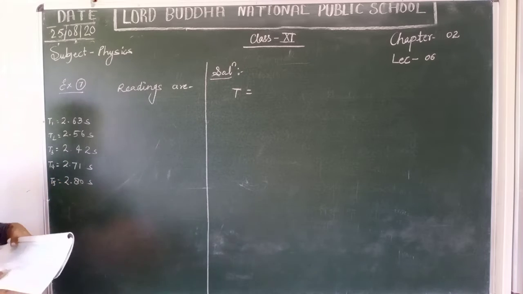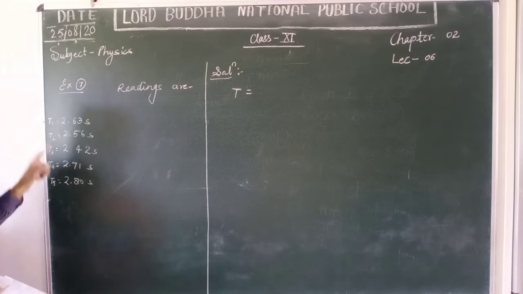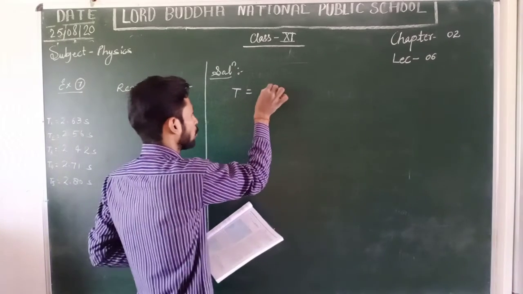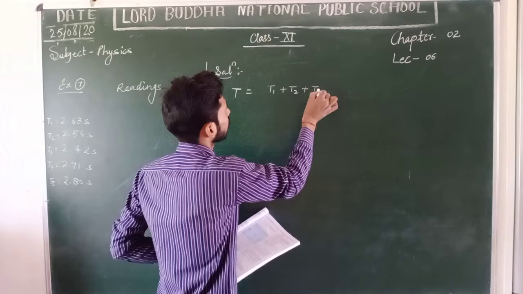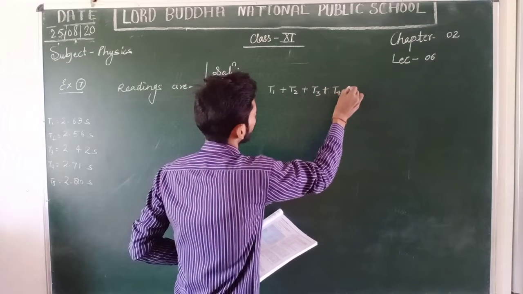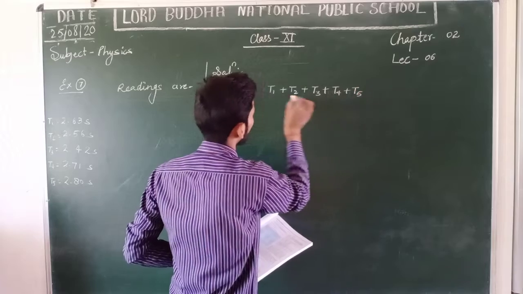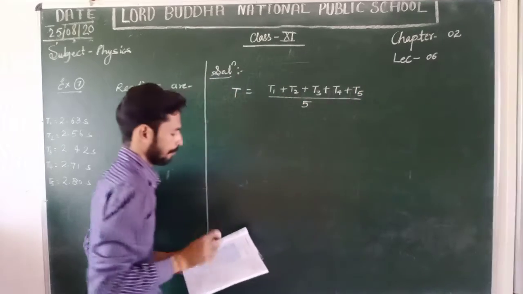So the total number of readings or measurements is 5. So T mean equals T1 plus T2 plus T3 plus T4 plus T5 divided by the number of measurements, that is 5.